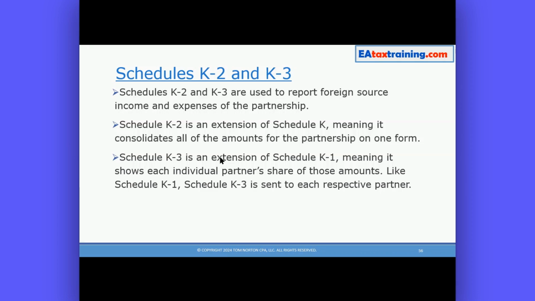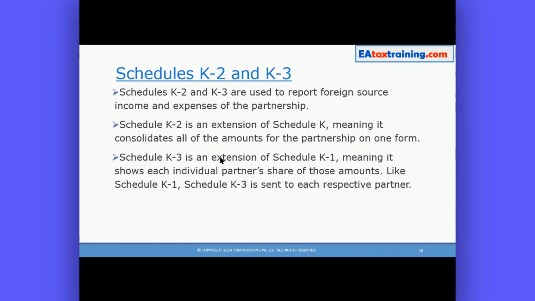Schedule K2 is an extension of Schedule K, meaning it consolidates all of the amounts for the partnership on one form. So all of the foreign source income and expenses for the whole partnership are going to be reported on Schedule K2. Now, all of this income and expenses are also included in Schedule K. They're buried in the numbers.